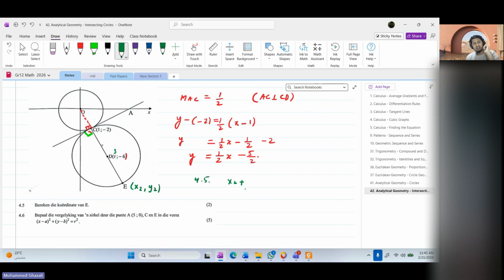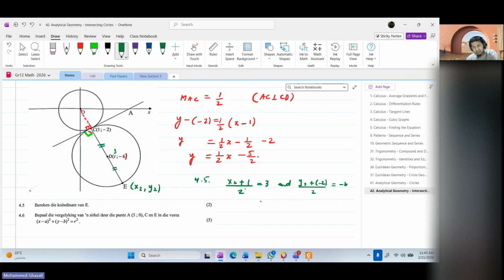Remember, these are midpoints, equal radii. So we will say x2 plus 1 divided by 2 is equal to 3, and y2 plus minus 2 divided by 2 is equal to negative 6.